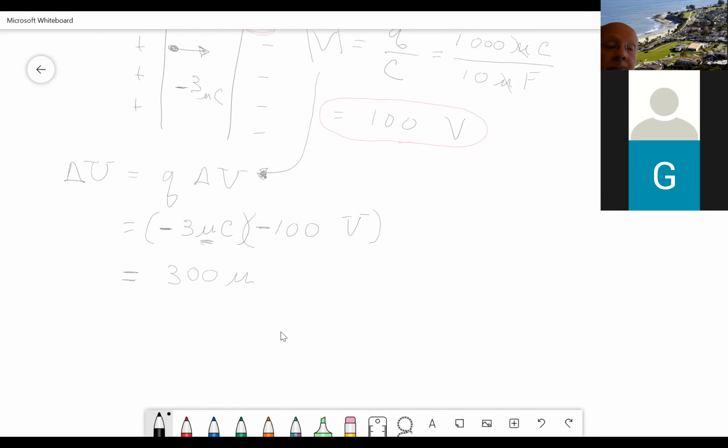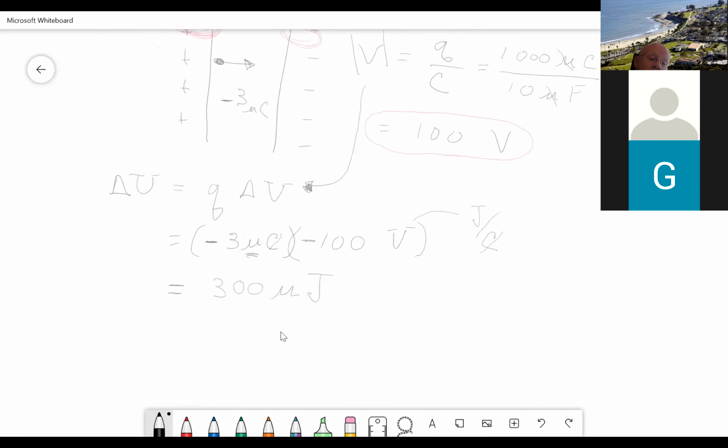And of course, remember that a volt is a joule per coulomb. So if you write that as joule per coulomb, the coulomb would cancel and it would be joules. So the first part of this question, which I'm still trying to answer, will it make it all the way across? I know this.